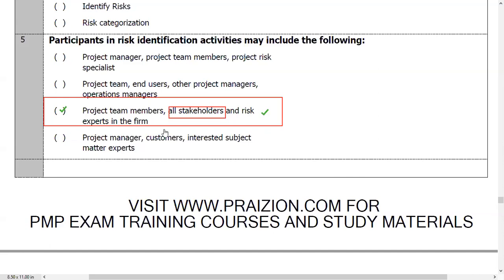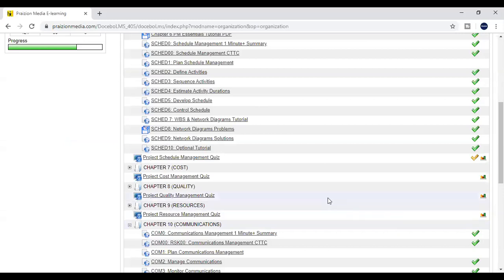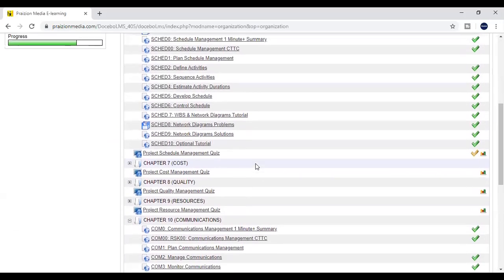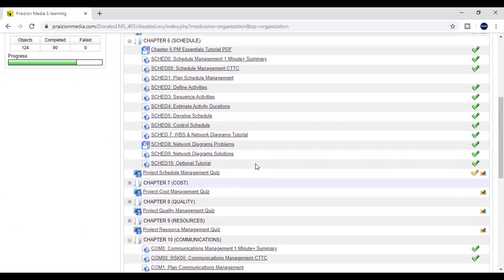Let me give you a quick example of this. In chapter 6 of the system, we talk about network diagrams.